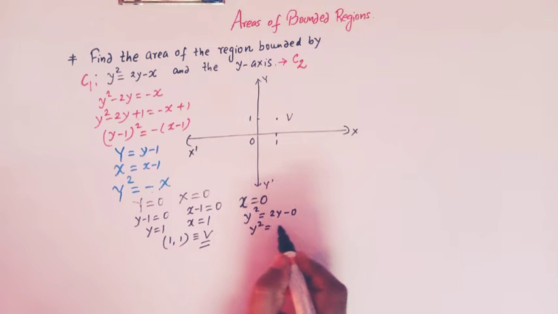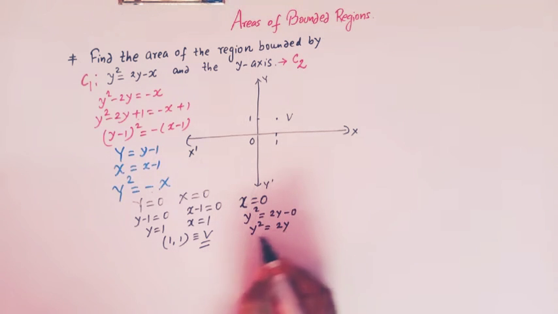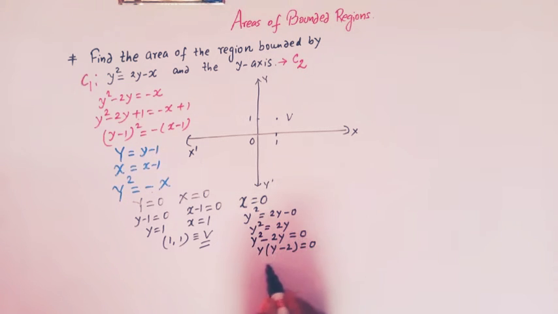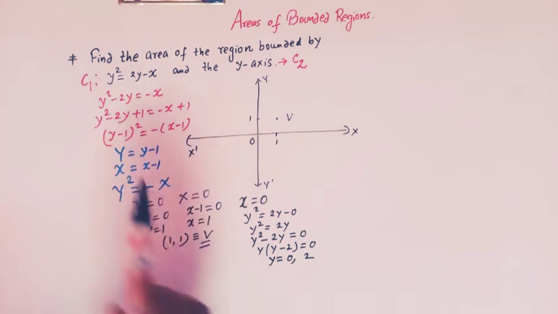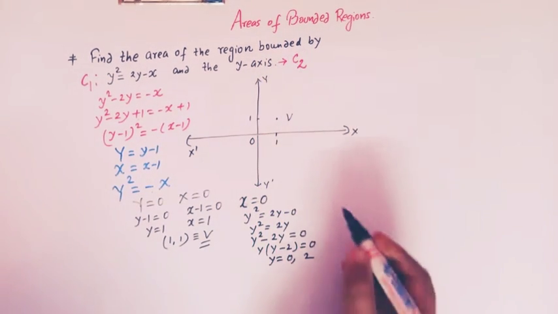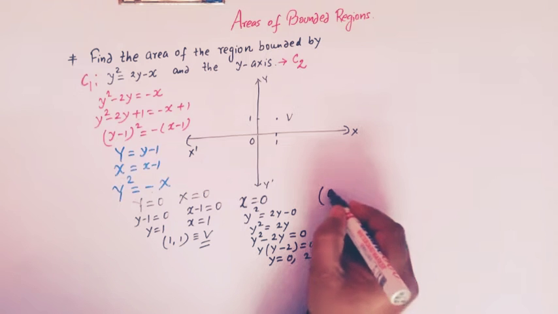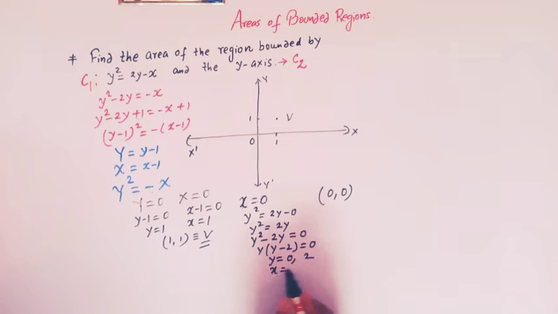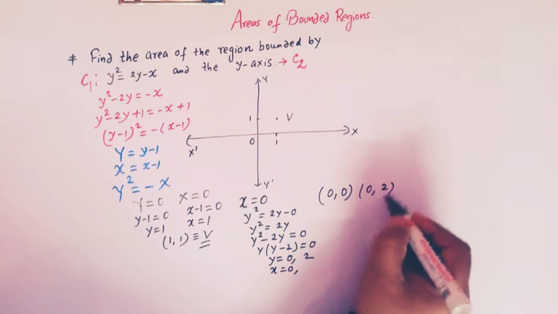So we have y square is equal to 2y, and y square minus 2y is equal to 0, so we have y is equal to 0 and 2, right? So this parabola intersects the y-axis at the point 0 comma 0, because we have x is equal to 0 and y is equal to 0, and at 0 comma 2, that is x equal to 0 and y is equal to 2, right?